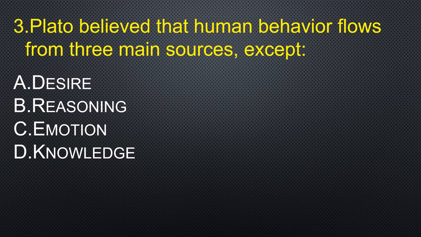So for Plato, when he says human behavior, basically it comes out first from your desire, no? When you say desire, something like today, why are you so diligent in doing your work? Because you desire to finish your course, or you desire to help your parents after graduating from college, or you desire right now to become an academic scholar.